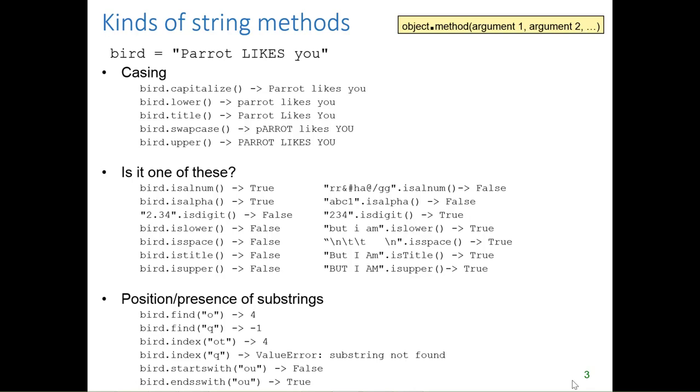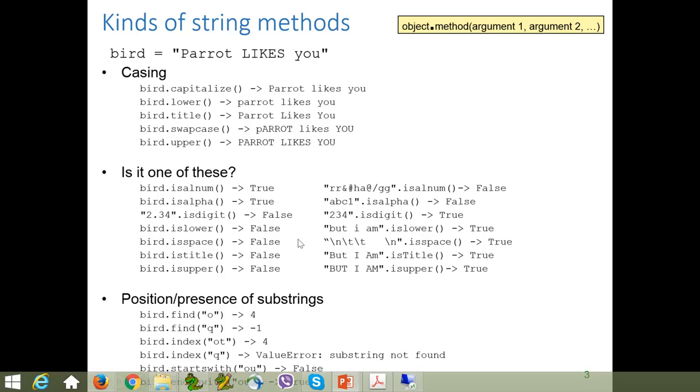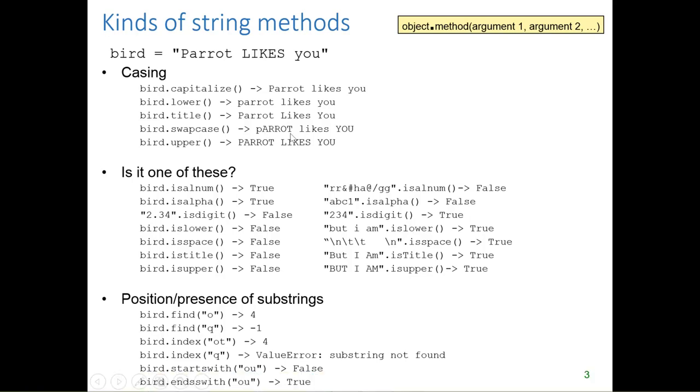Now, since there are so many methods to become familiar with, it helps to group them by functionality. String methods can be grouped roughly into a set of groups that are shown on the next 2 slides. There are several methods for changing the case. For example, swapcase makes it down and then up, the opposite of what you had here.